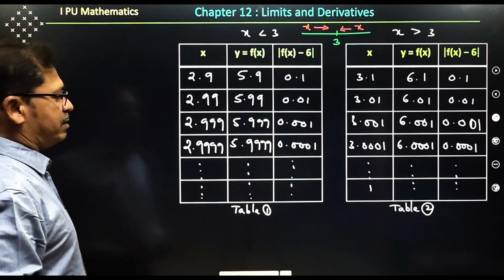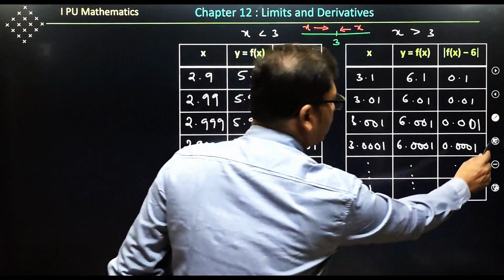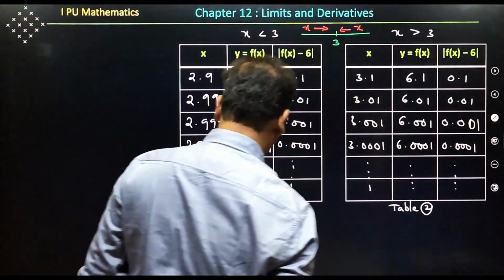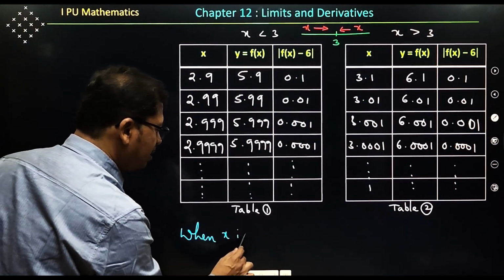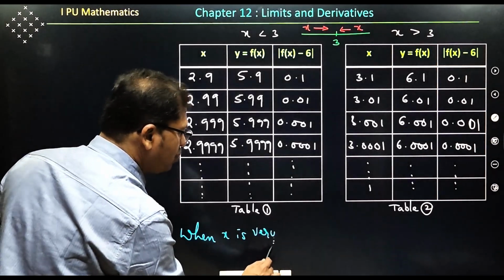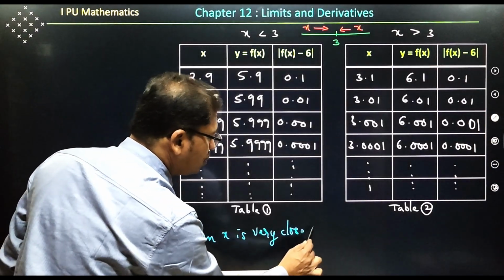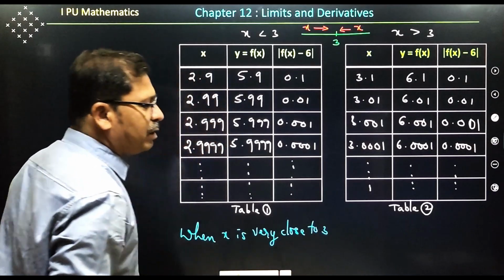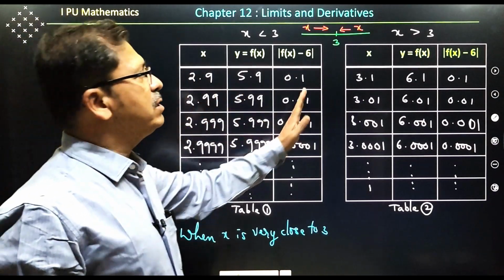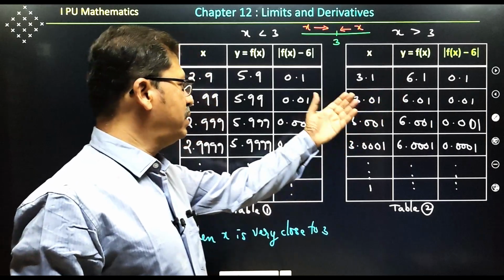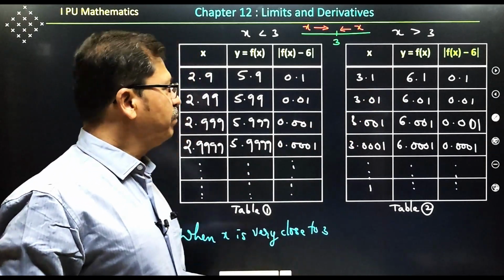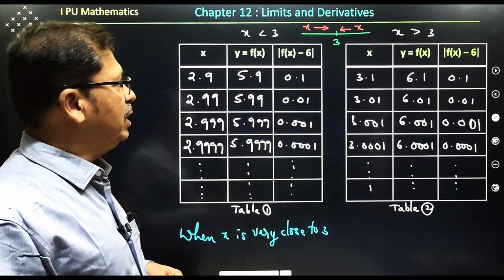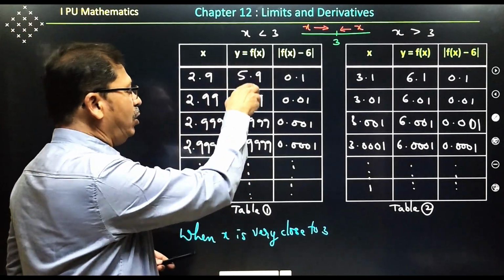In both cases, when x is very close to 3, either from the left side or from the right side, from both sides, the table is very clear. When x is very close to 3, observe carefully the value of y, the value of f of x.